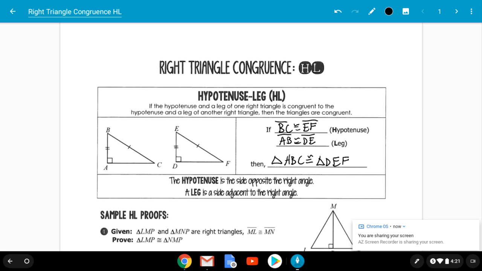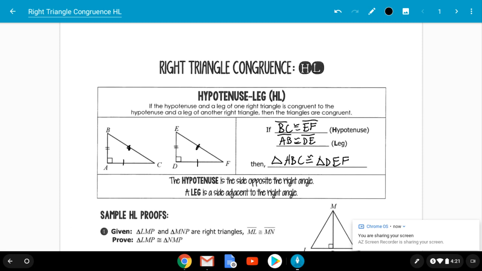For example, let's say BC and EF weren't marked, but instead AC and DF were marked. This wouldn't be HL, this actually would be SAS. So just because it has a right angle doesn't mean it's HL, it just means it's a possibility. Therefore, if my triangle doesn't have any right angles, I can't use HL. Don't even worry about it.